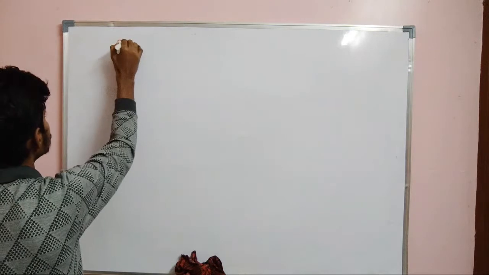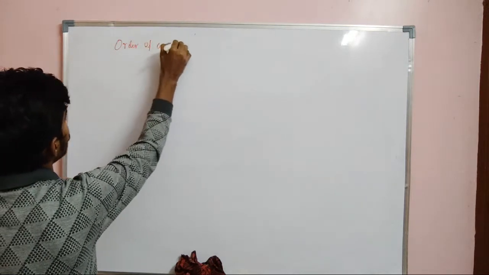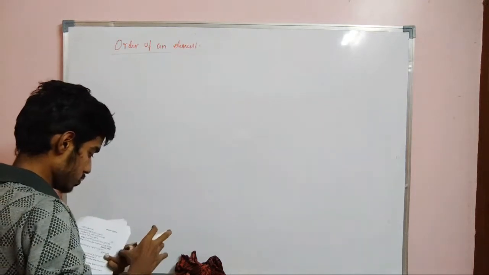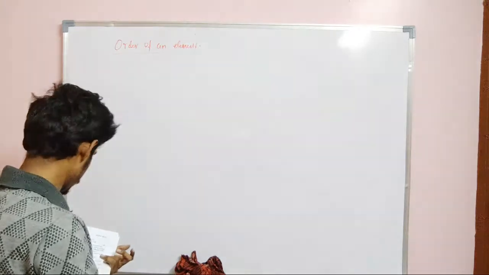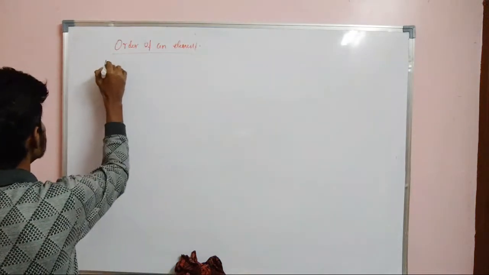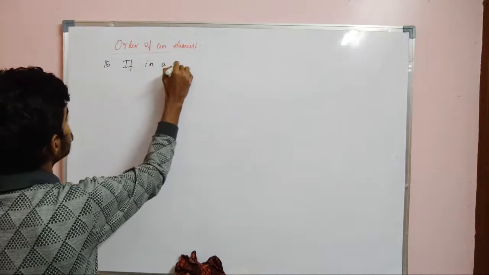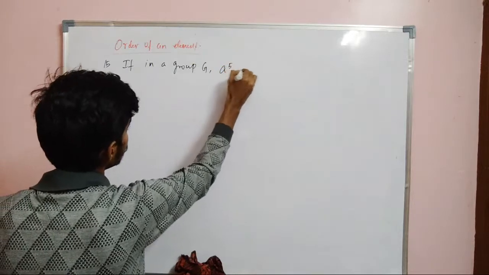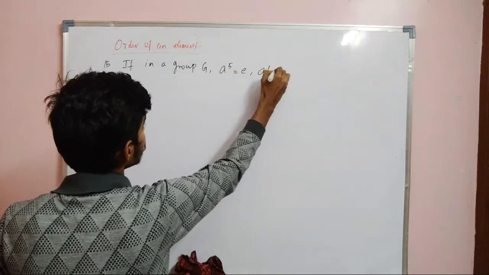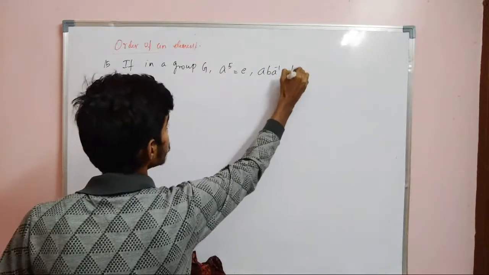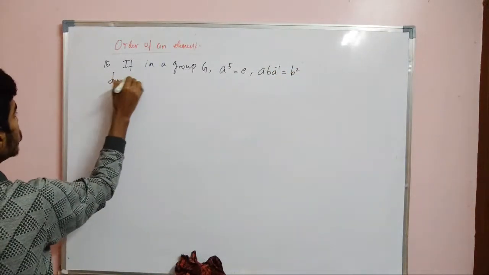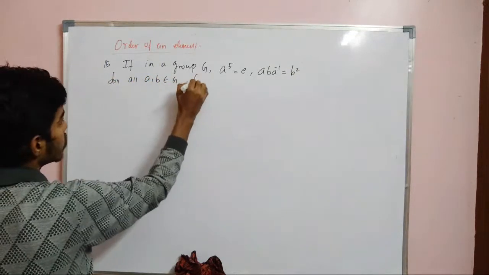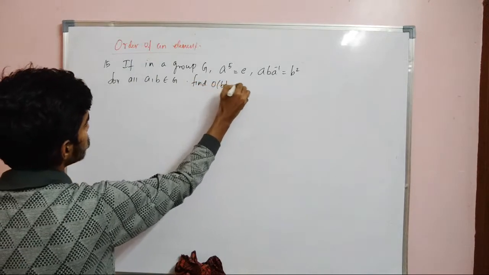So again the same topic, order of an element. The 15th problem is: if in a group G, A power 5 is equal to E and ABA inverse is the same as B square for all A, B belonging to G, find the order of B. Again this is a previous year's UPSC question.